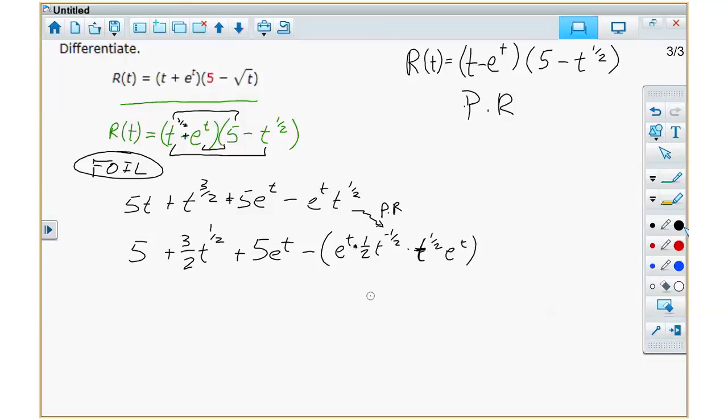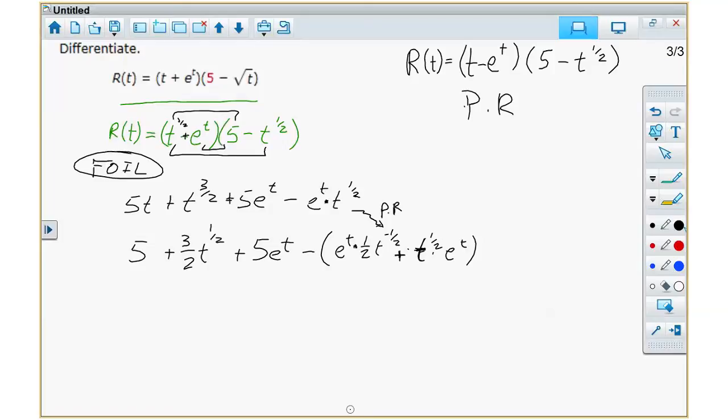And the reason you know that is because there's supposed to be a plus in here. This is multiplied. You got 2 terms with exponents multiplied. So this right here is product rule.